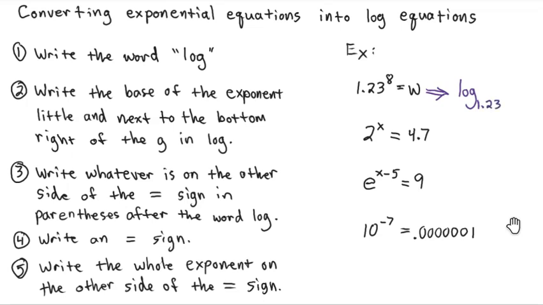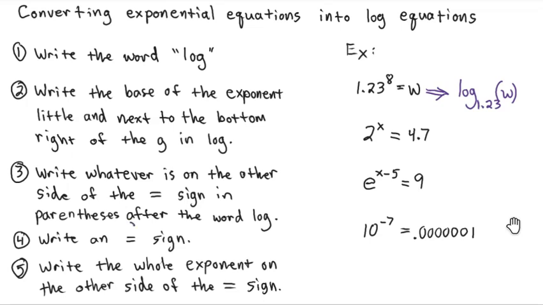Then it says write whatever is on the other side of the equal sign. Here's the equal sign, and on the other side of the equal sign is a w. It says write that thing in parentheses after the word log. So in parentheses after the word log, I'm going to put a w.